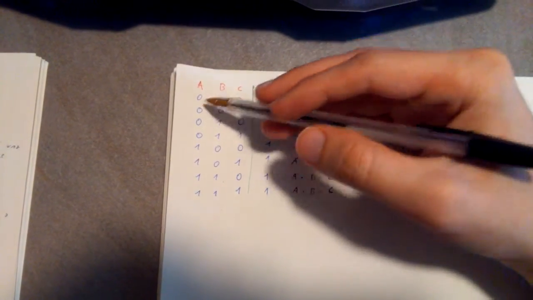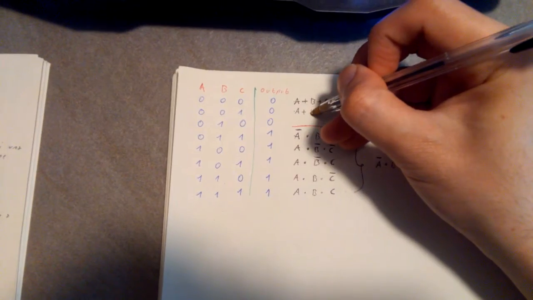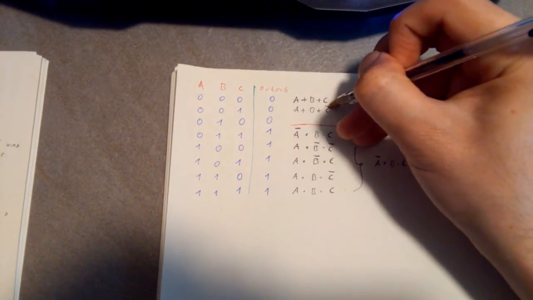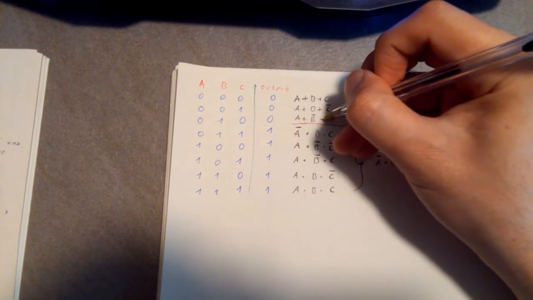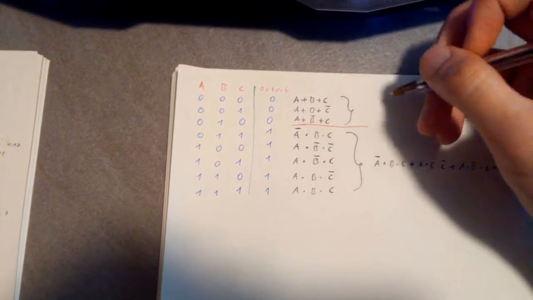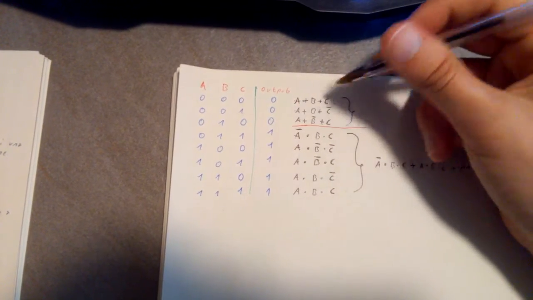Down here we're going to have A plus B plus not C, because C is 1, and here we're going to have A plus not B plus C, and we can group them together by multiplying them.